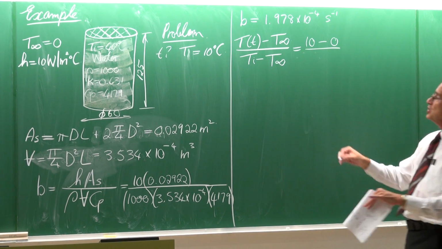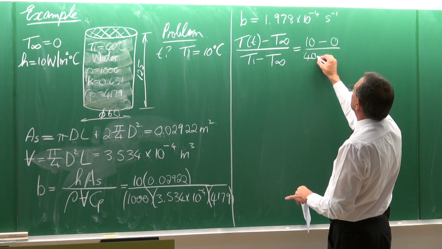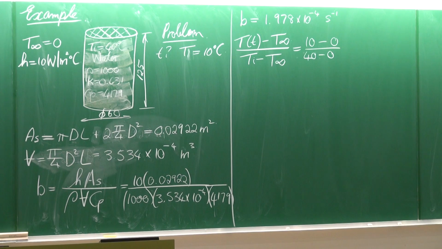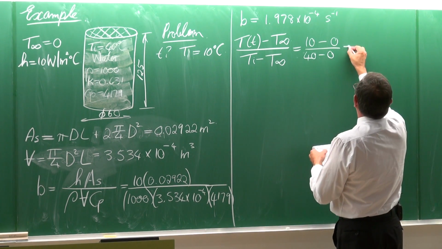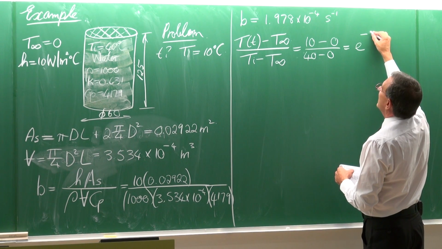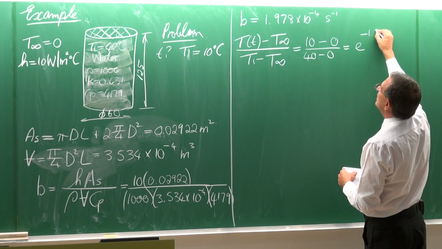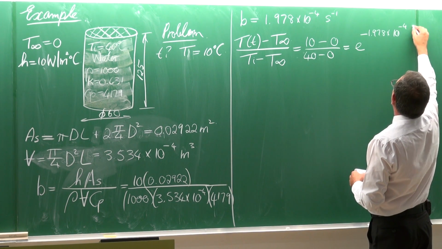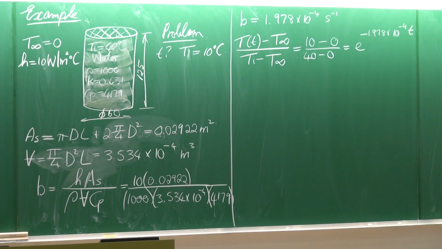The initial temperature of the beer is 40, and the environment temperature in the freezer is 0 degrees Celsius. That is equal to e to the minus B t, where B is 1.978 multiplied by 10 to the minus 4, multiplied by t. So in this equation, the only unknown is the time t.